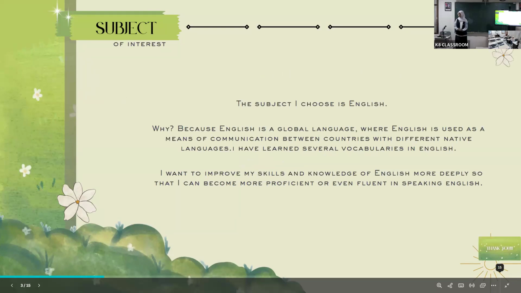I have learned several vocabularies in English, so I can speak a little in English. And I like English itself since I was a little girl, since I was a kid. And of course, I want to improve my skills and knowledge of English more deeply so that I can become more proficient or even fluent in speaking English.